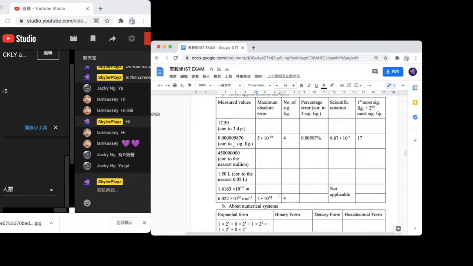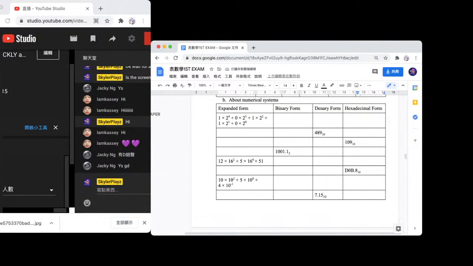Multiply the number by 100, and then we will get 0.00830, and that's our answer. The most significant figure, 6. Second most significant figure, 0. Although it's 0, it is still counted as a significant figure. So we add 6 and 0. Answer is 6.